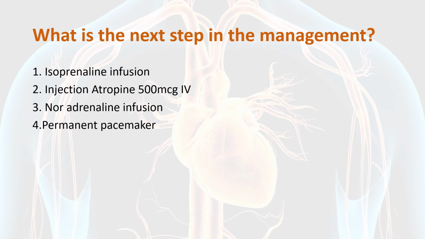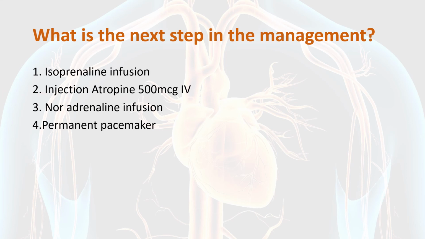And the question was, what is the next step in the management? Paying attention to the wording, it did not ask for the definitive treatment. So the correct answer as per the Advanced Life Support course is injection atropine 500 micrograms intravenously.